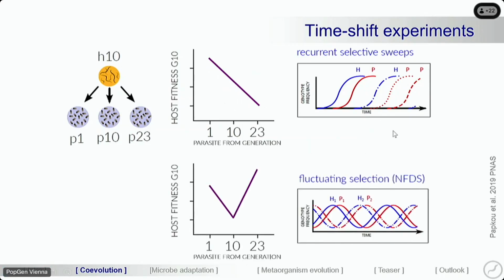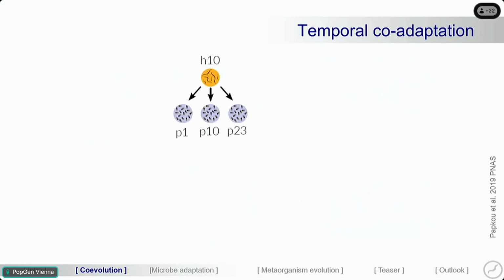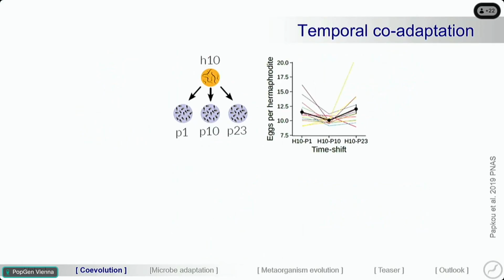When we're talking about fluctuating selection conditions, also called red-queen dynamics, we rather see a phenotypic pattern like this. So that contemporaneous antagonist is best adapted. And therefore, the host has lowest fitness, because it's the contemporaneous combination that is actually matching, or where the two antagonists match each other. So doing this kind of analysis, we looked for these two alternative types of patterns. And when we looked at the host, we indeed overall saw a statistically significant effect of the second pattern.